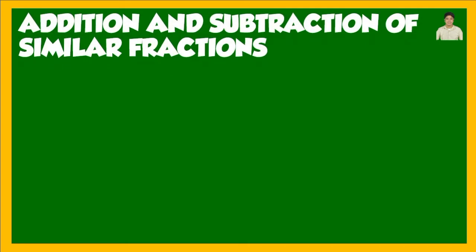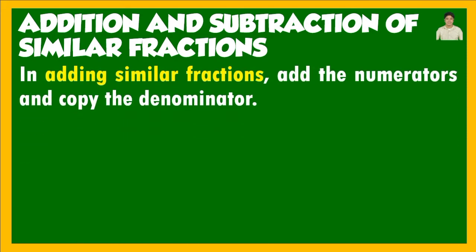So, after defining what are similar fractions, let us now proceed to our main discussion, which is addition and subtraction of similar fractions. In adding similar fractions, just simply add the numerators and copy the denominator. Since pareho lang po sila ng denominators, ang gagawin lang po talaga natin is i-add yung mga numerators.